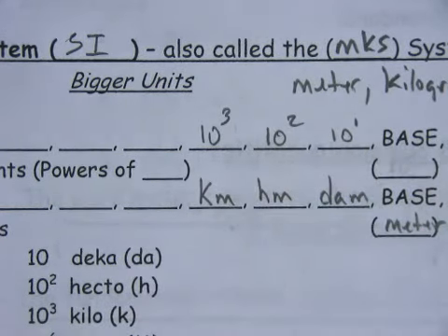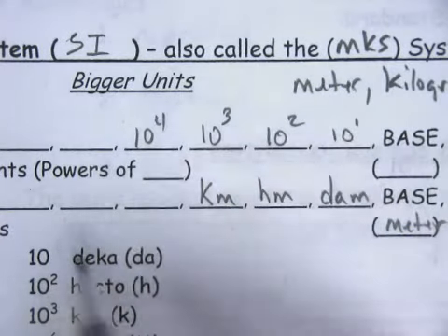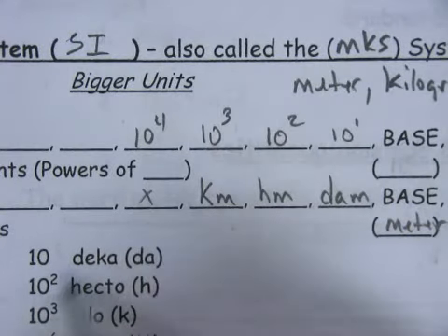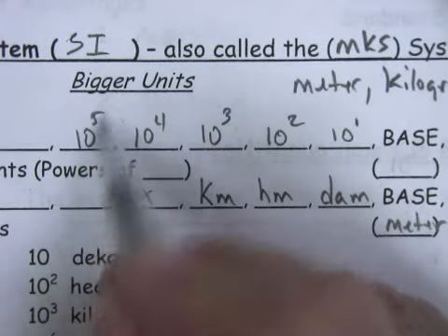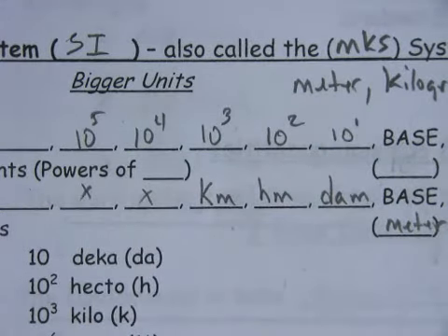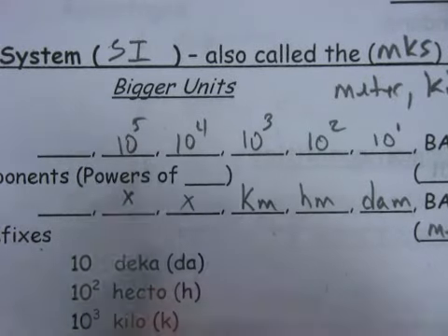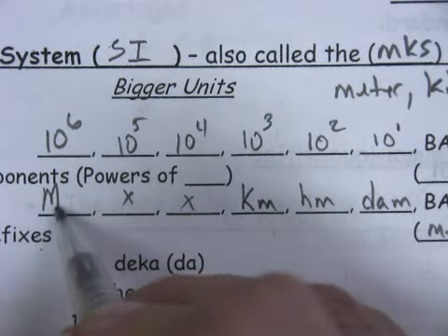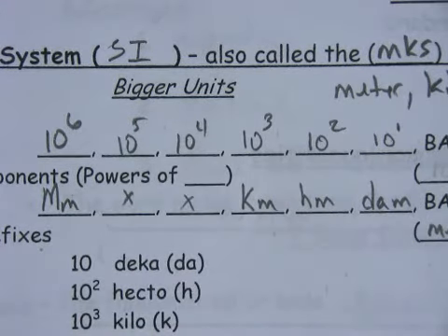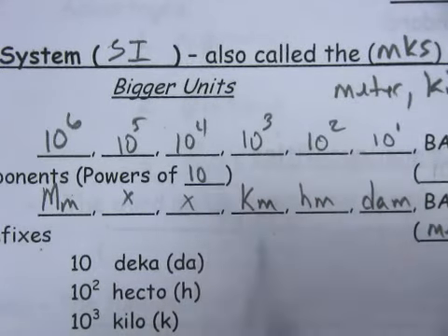That's a kilometer. 10 to the fourth: I've never seen the abbreviation for 10 to the fourth, or for that matter 10 to the fifth. However, we do have 10 to the sixth, and that is a pretty important one. This is a megameter, a big M, little m, and these are all in powers of 10.